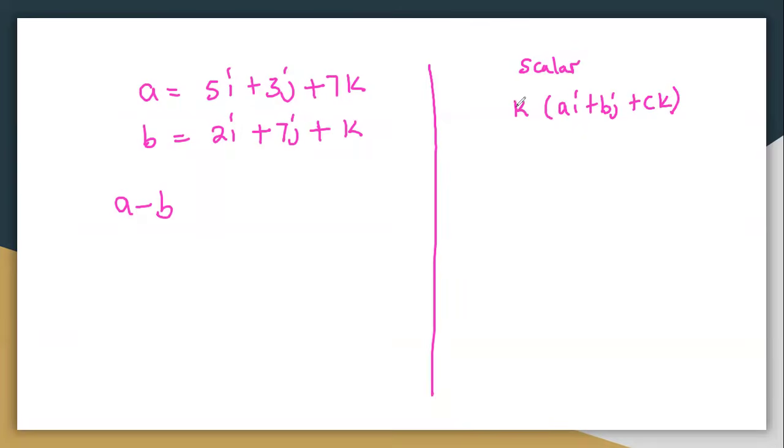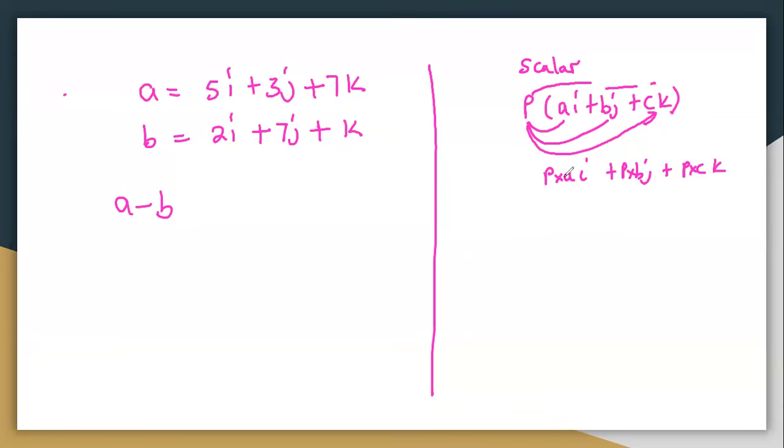Let me use another letter apart from k, since k will confuse us. Let me say P. Now, whenever there is any number outside a vector, this number will always affect each individual component. This P affects the a, this same P affects the b, the same P affects the c. You just multiply: P times ai, then plus P times bj, then plus P times ck.